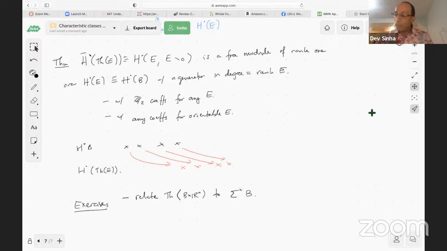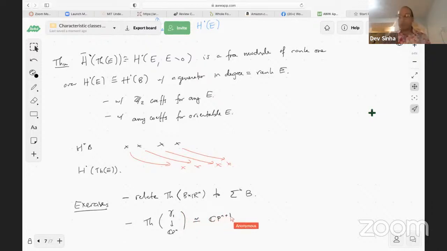And then the other thing is to say that the Thom space of the tautological line bundle over CP^N or RP^N, I'll say that for CP^N, is homotopy equivalent to CP^(N+1).